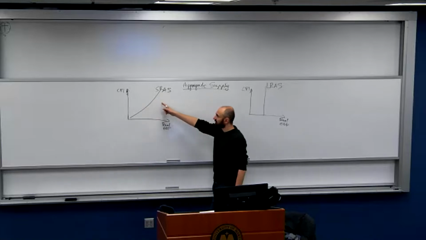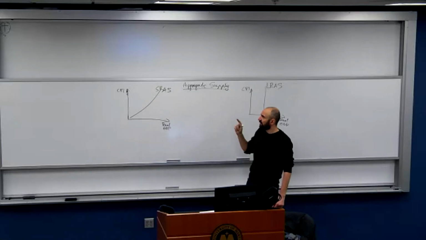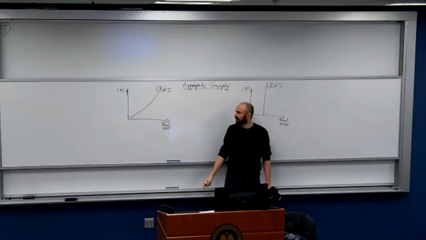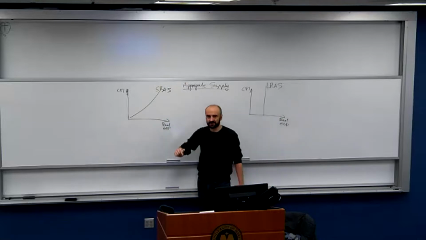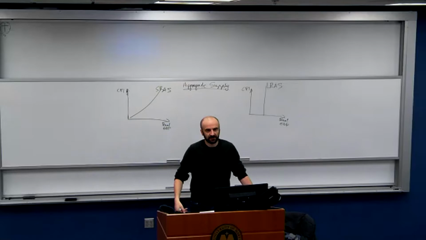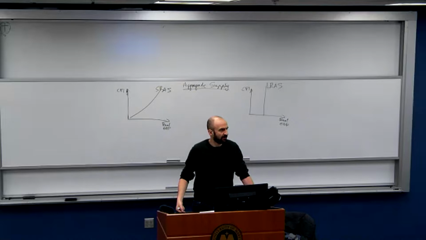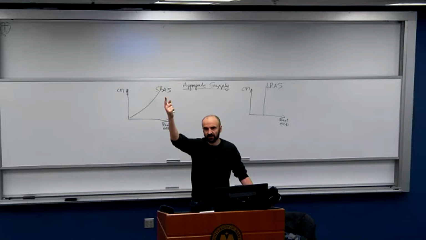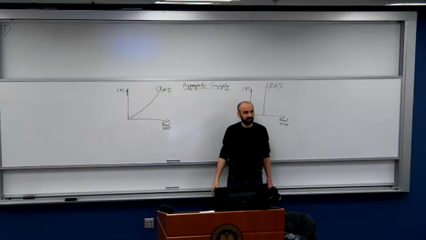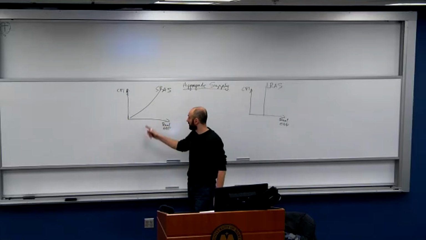Just by eyeballing the curve, what does it tell you? What can you tell me when you look at this curve? In the short run, what happens? If price level increases, production increases. So it seems to suggest that in the short run, inflation is good for the economy. Higher price level will lead in the short run to higher real GDP, and vice versa.